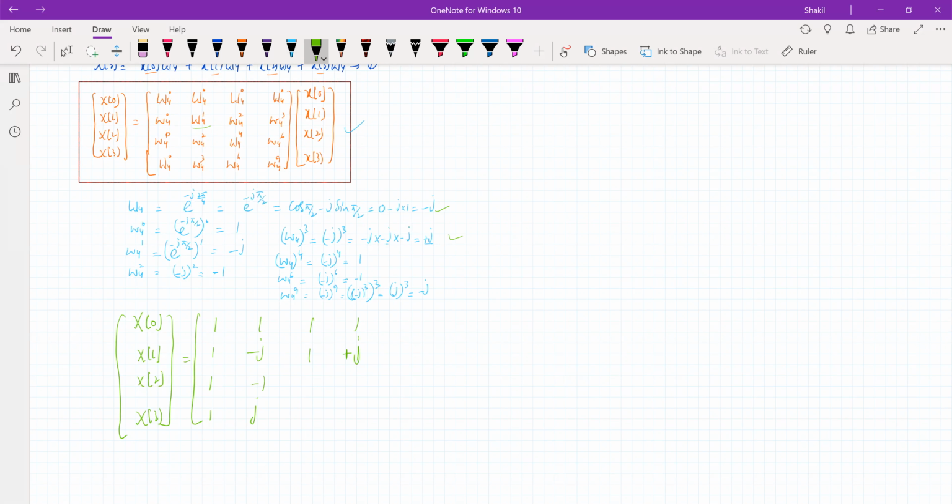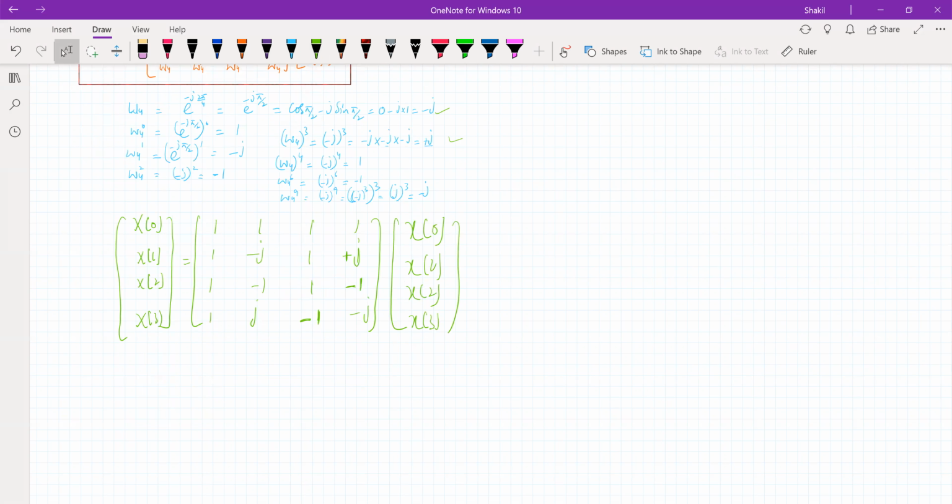Then in the next row, W4 raised to the power 2 is minus 1, then W4 raised to the power 4 is 1, then minus 1, then this is minus j. Then x of 0, x of 1, x of 2, x of 3. This is your sequence, which will be given to you.